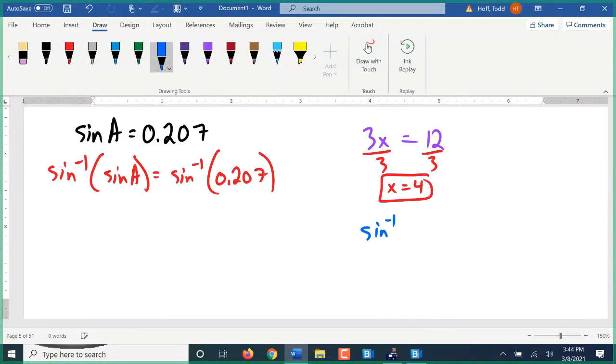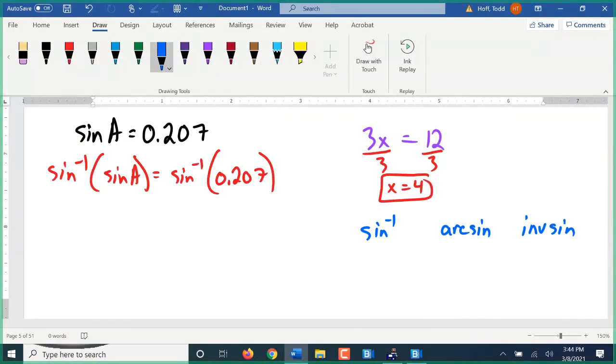Do not confuse it with the x -1 key. It is not a reciprocal, it's an inverse. Arc sine is an older notation, typically used if you're looking for your angles in radians. Or just INV-SIN, inverse sine, is sometimes used.